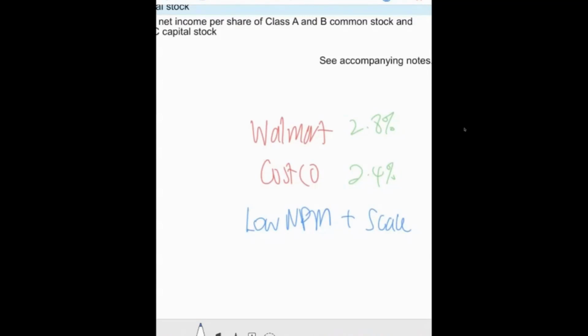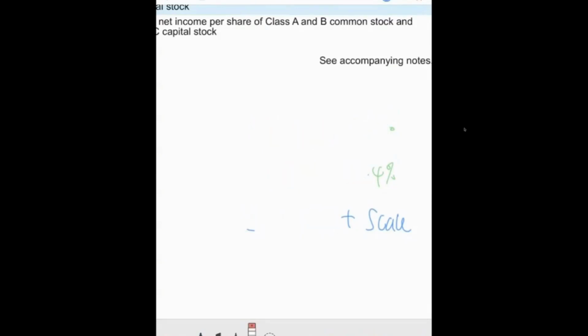If you want to buy companies with low gross profit margin, they need to have scale. But if a company has low gross profit margin and low net profit margin and does not have scale, then this company we must avoid. Just remember that low gross profit margin must come with scale. Then it's a good company. So these are generally the two ratios that we look at.